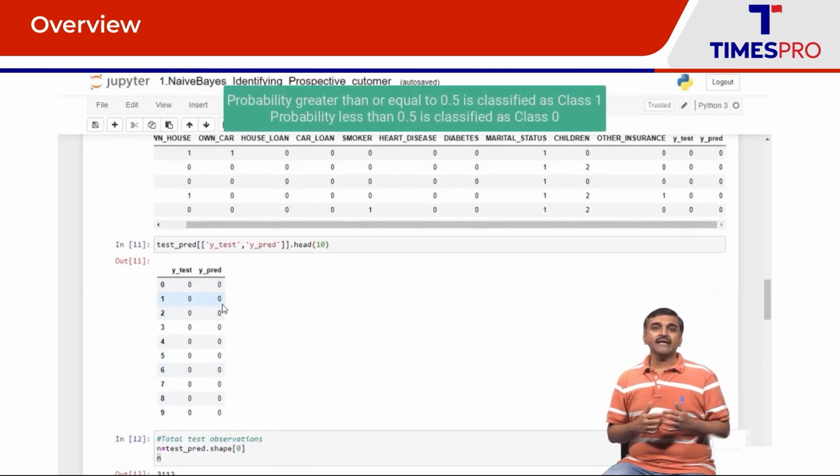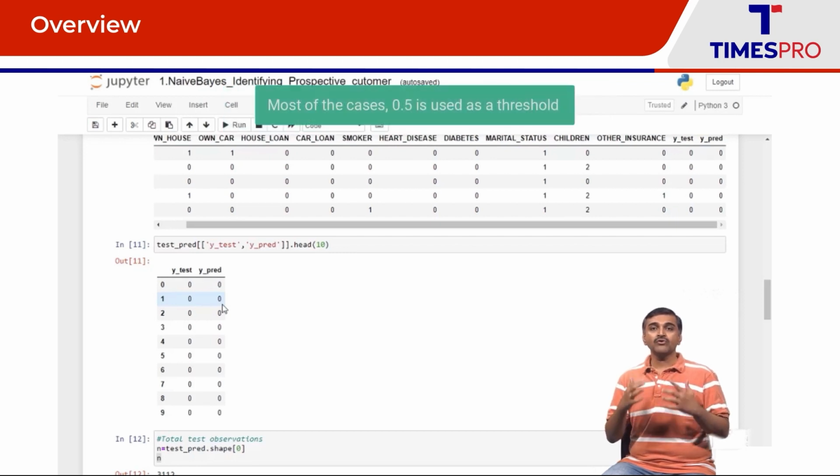Any probability with a value greater than or equal to 0.5 is classified as class 1, and any probability value less than 0.5 is classified as class 0. So in most of the cases, 0.5 is used as a threshold, which need not be the right one.